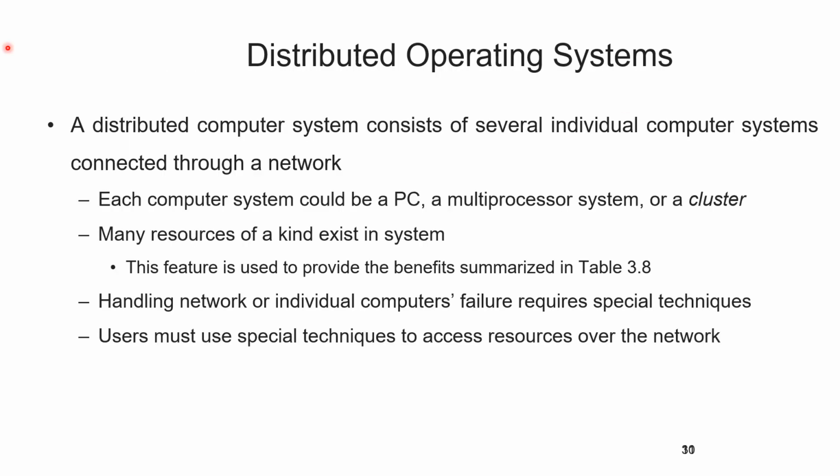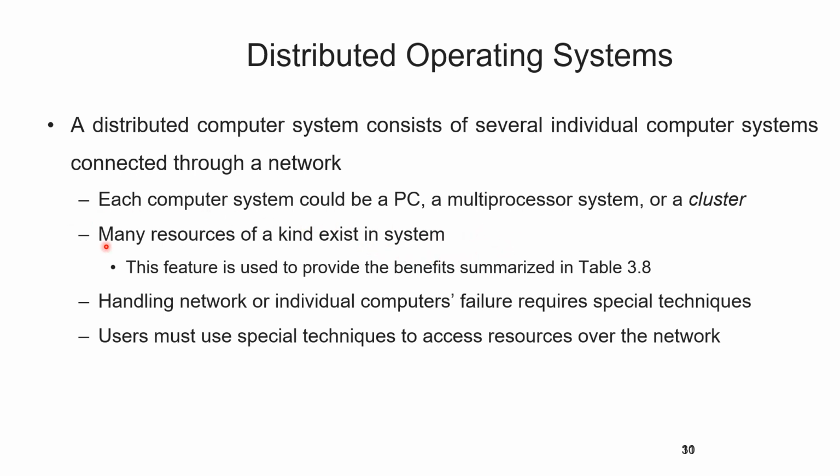The next is the distributed operating system. A distributed computer system consists of several individual computer systems connected through a network. So in the network, a number of computers are connected. Each computer system may be a PC or a multi-programming system, or it may be a cluster. Many resources of a kind exist in the system.